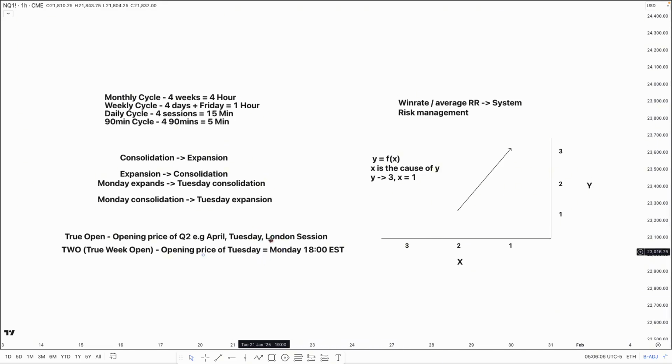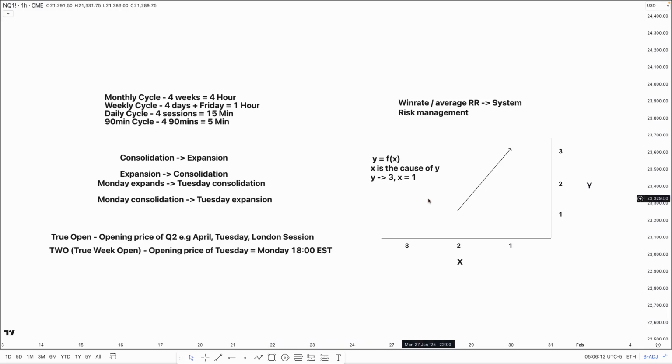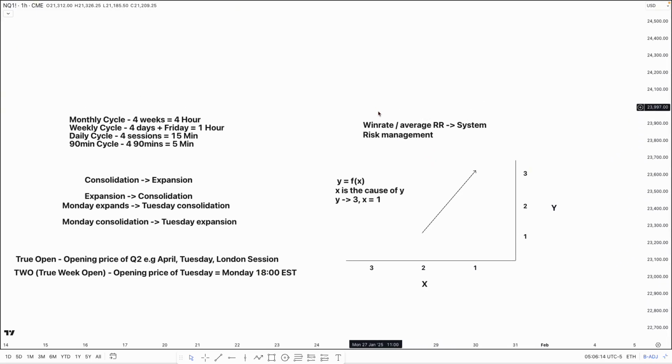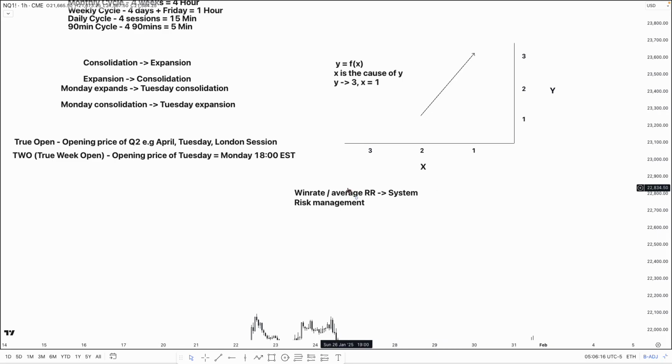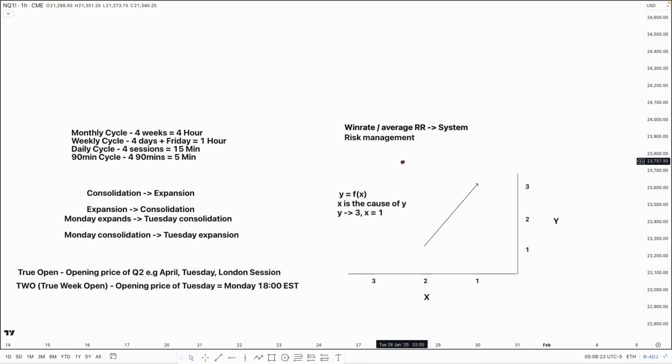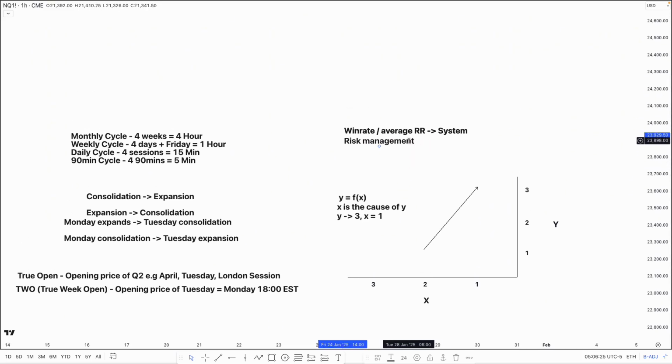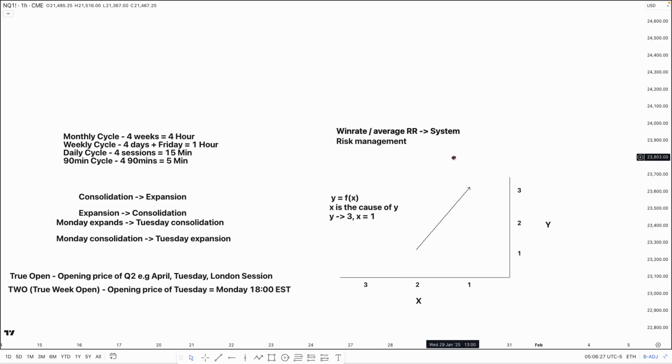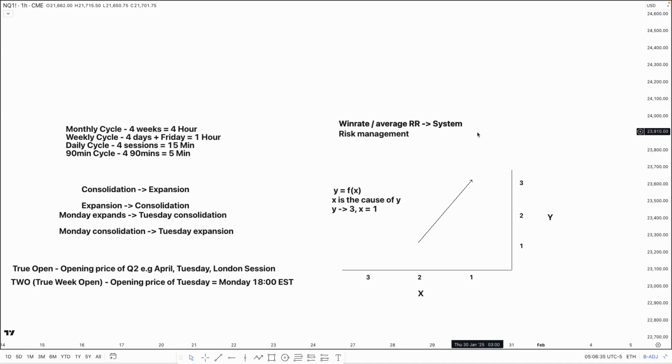This will not make you millions and millions of dollars or pounds or whatever. It's quarterly theory, or essentially your system with risk management, that will bring you consistent profitability. Okay? Do not romanticize this whole idea of quarterly theory as the holy grail.